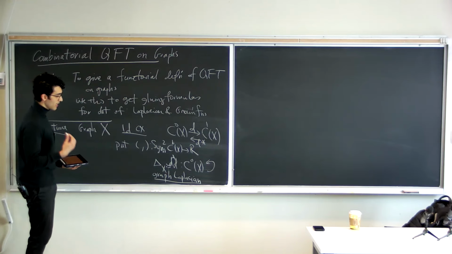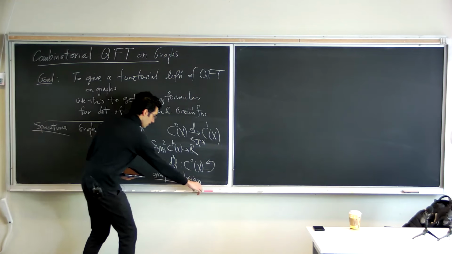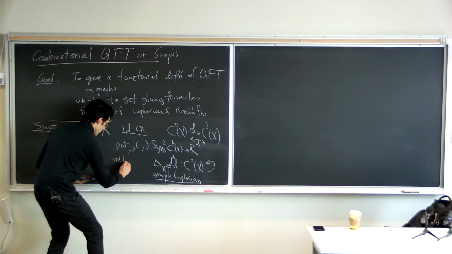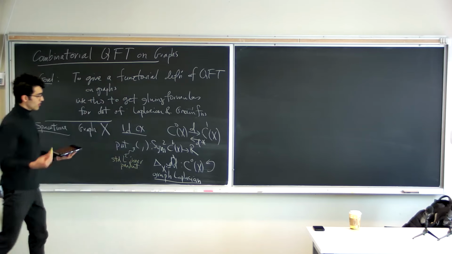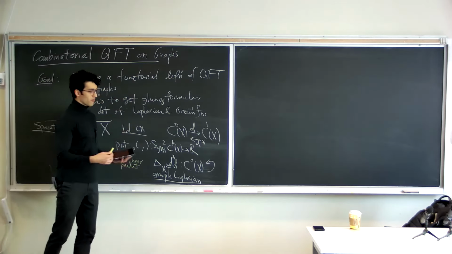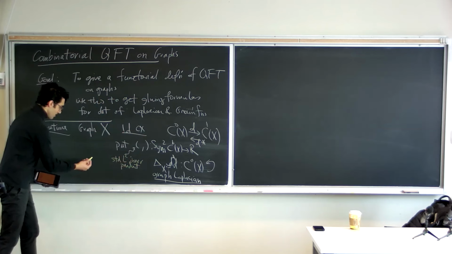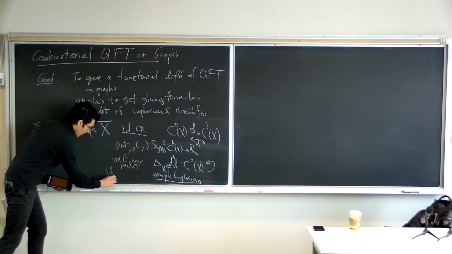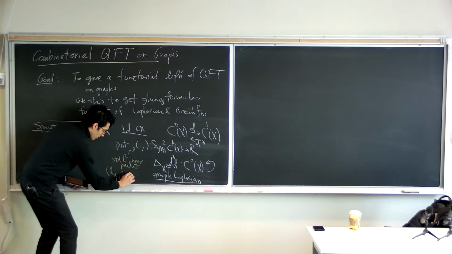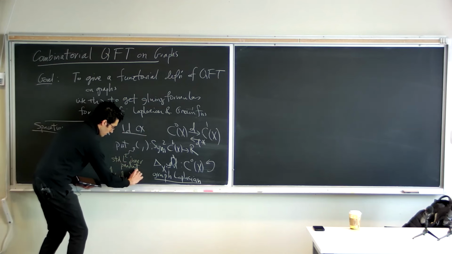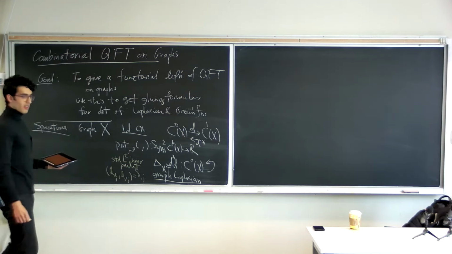I would like it to be the standard L2 inner product. So in particular, I have a distinguished basis for C^0 and C^1 coming from the vertices and the edges, and the inner product of, for example, a cochain that is 1 on vertex i and 1 on vertex j is going to be 1 if i is the same as j, and 0 otherwise. And similarly, you define it for edges.